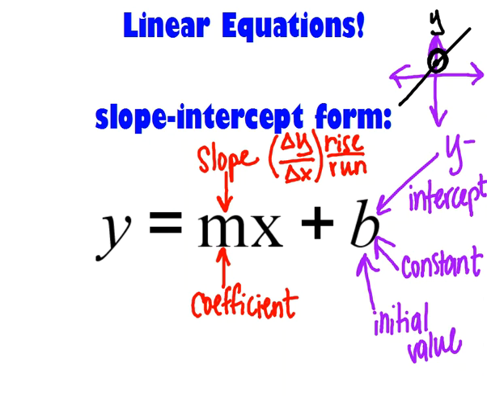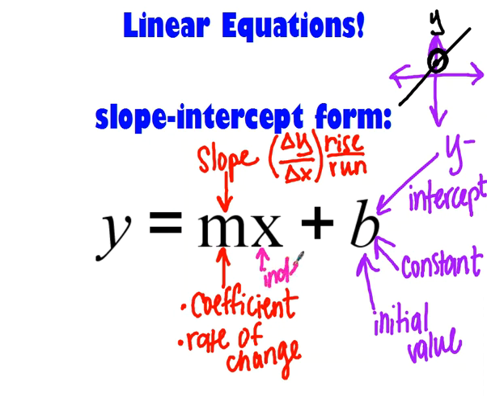Another term we can use for slope, one that we've been using in class, is rate of change. This is where you're going to find your rate of change, especially if you're looking at a word problem. Your rate of change is found where your slope is found. Really quickly, a couple more things. X is your variable, but this one is your independent variable.